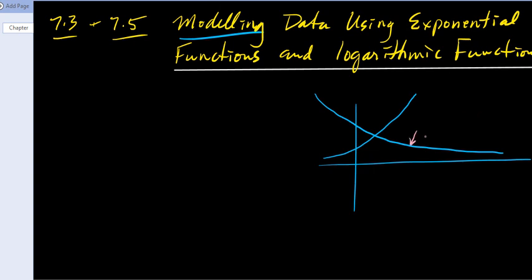A decreasing exponential function generally is modeling some kind of decay. All right, so exponential decay is what this type of function might represent. Exponential decay. Okay, so that's a decreasing exponential function.